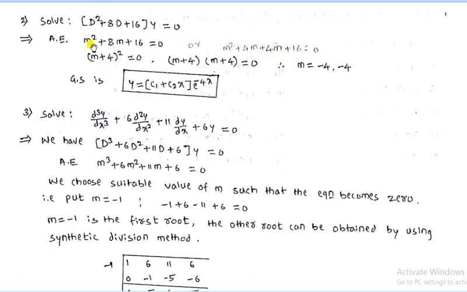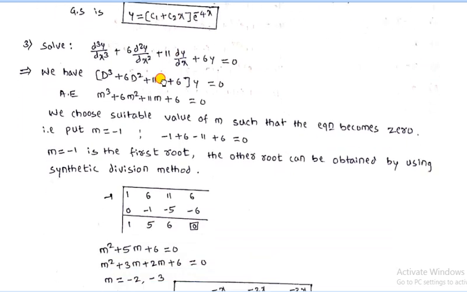If we expand this equation, again we get the same equation. So m plus 4 whole square means m plus 4 into m plus 4, 2 times, or m is equal to minus 4, m is equal to minus 4. So minus 4 and minus 4, both the roots are real and equal. Hence its general solution is c1 plus c2x e to the power minus 4x.